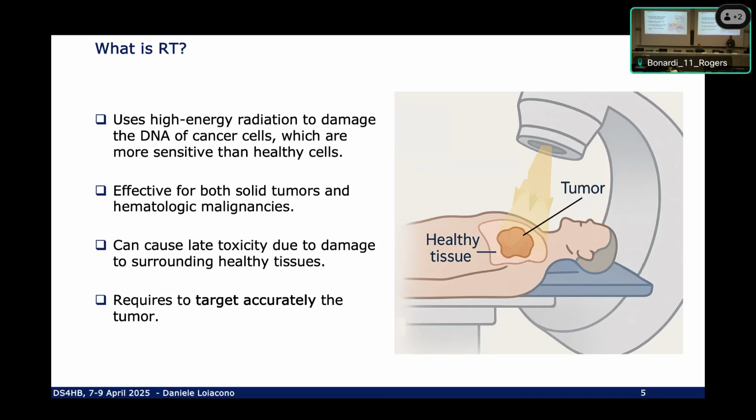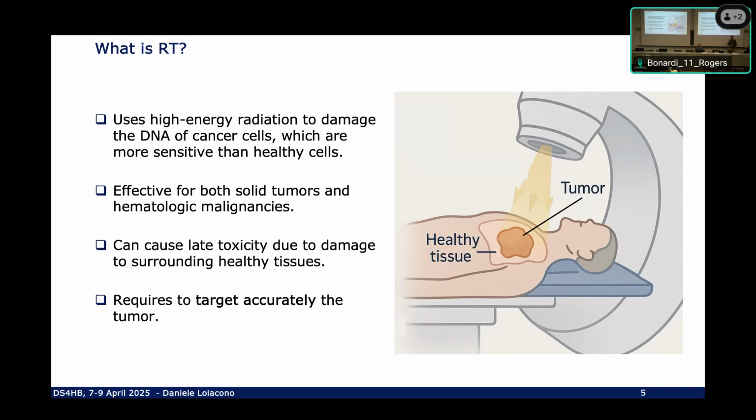So radiotherapy, the general idea is to use high energy radiation to damage cancer cells. But the real key point of radiotherapy is that we want to preserve the healthy tissues around the actual cancer.